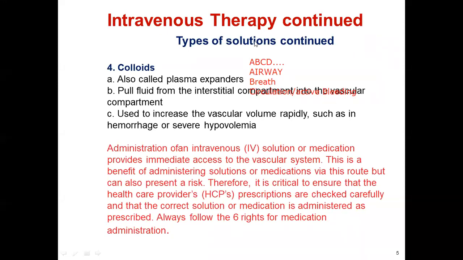So now let me go next. Administering intravenous solution or medication provides immediate access to the vascular system, and this is a benefit of administering solution or medication via this route.